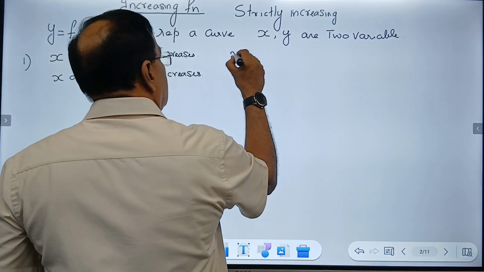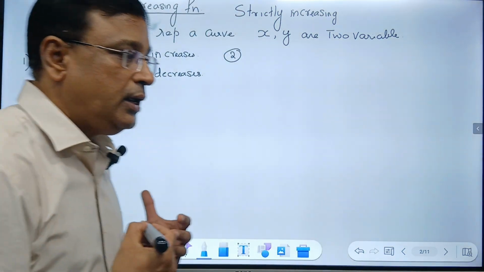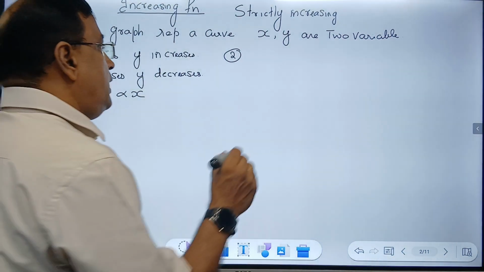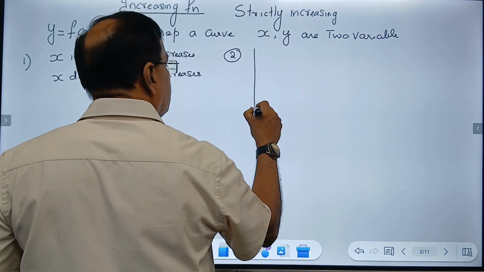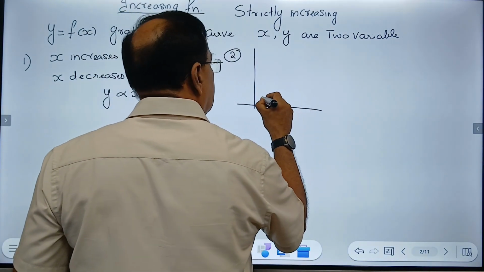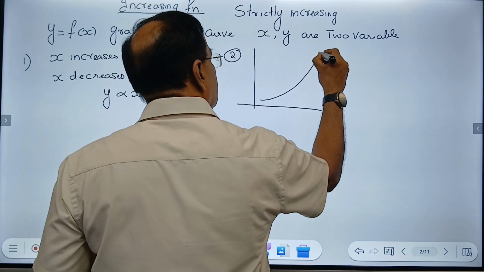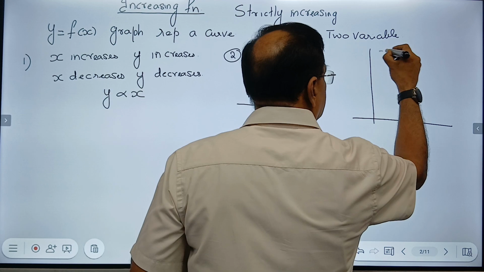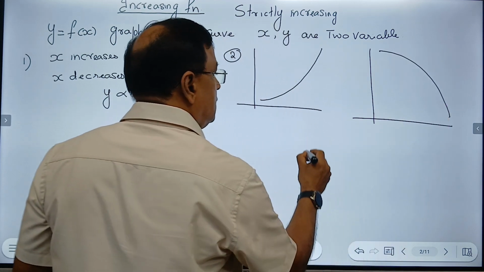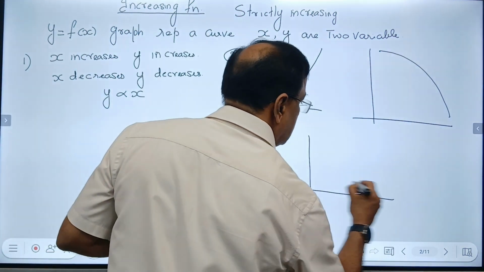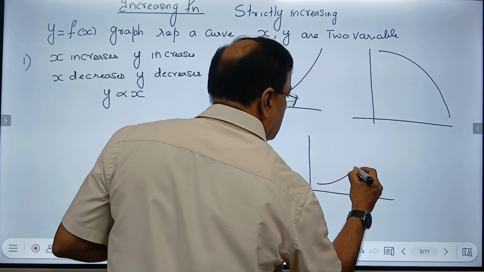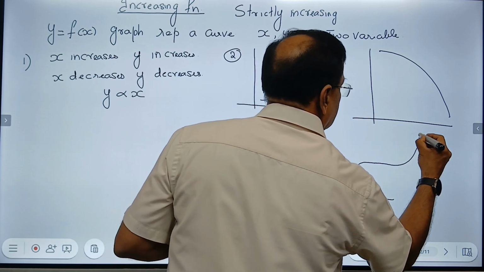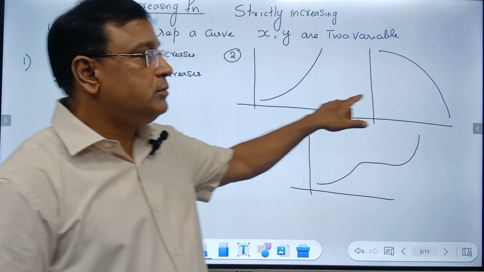The second way is, how do I look at an increasing function graphically? I'm going to draw three different types of graph. One graph is going to be like this, the other like this, and the third one like this.